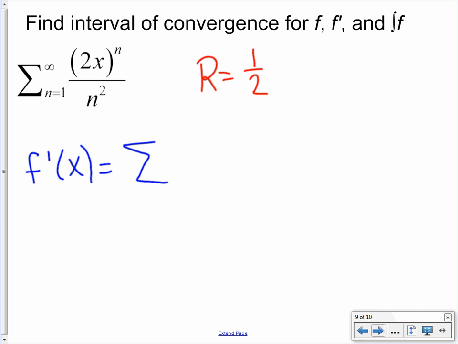So power rule, chain rule. We're taking the derivative with respect to x, so any of the n's are treated like constants in a derivative. Okay?